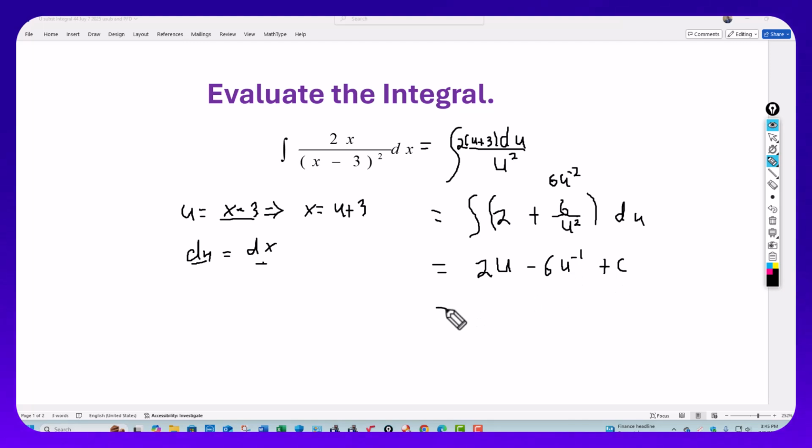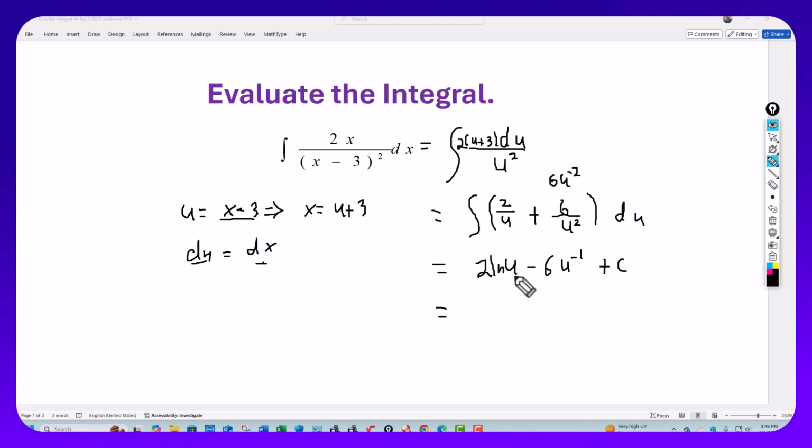Then we just go back to the original variable. And a quick mistake here. I have changed this to u squared, so then u over u squared will be 2 over u. So that'll make a difference here, because now for the integral I have the integral of 2 over u du, so that's going to be your natural log.